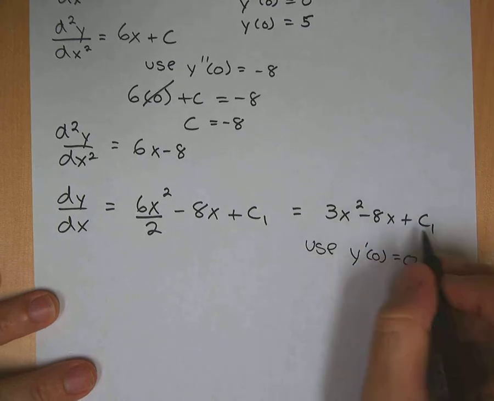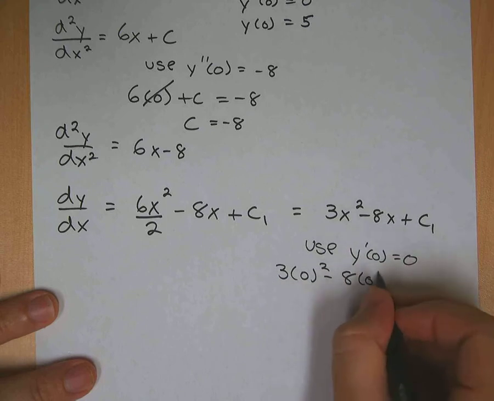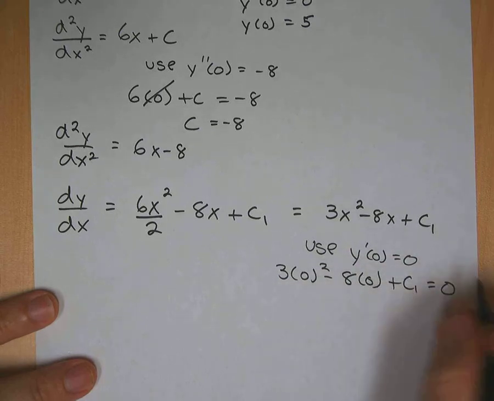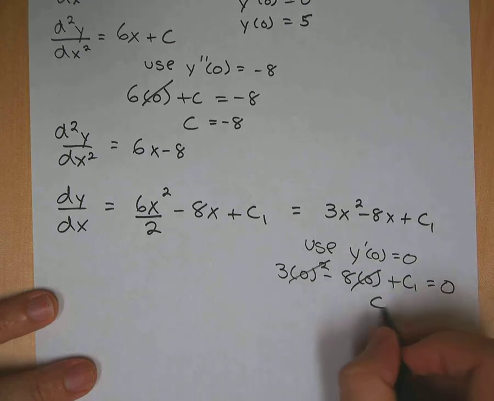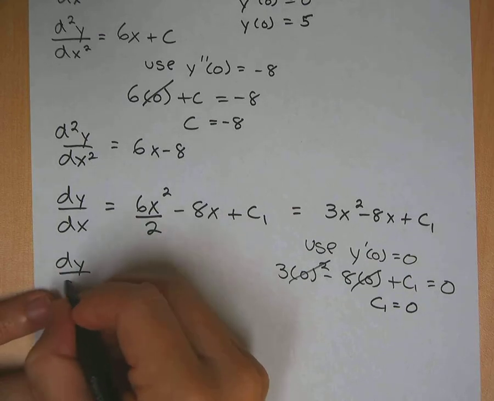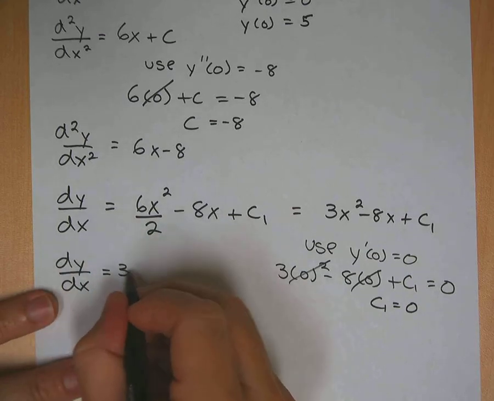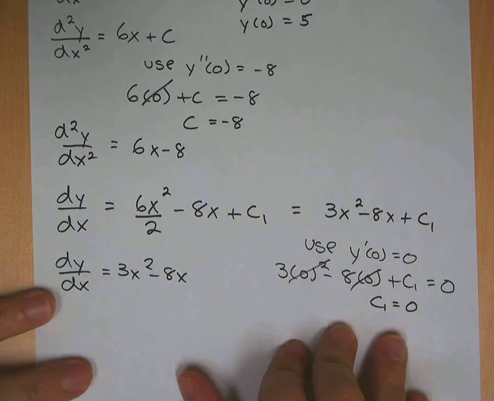Plug in a 0, set it equal to 0. 3 times 0 squared minus 8 times 0 plus c1 equals 0. These two go away, c1 is equal to 0. Thus, the first derivative function is equal to 3x squared minus 8x. We don't need the c1 because it's a 0.